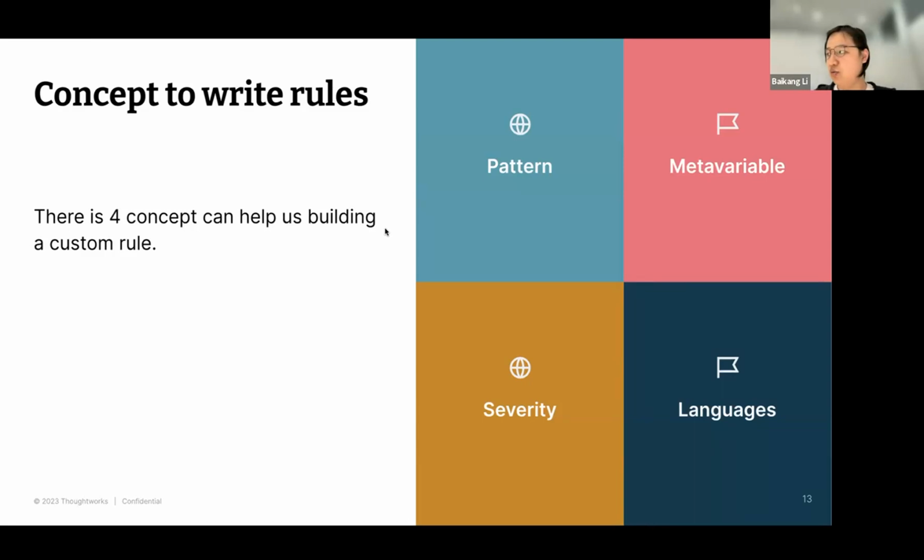You can give a severity to identify the issue, and an error issue can block your pipeline. And for language, Semgrep supports about 10 to 20 programming languages like YAML, Java, Python, Golang, etc. So when we write rules, we need to point out what languages we are using.